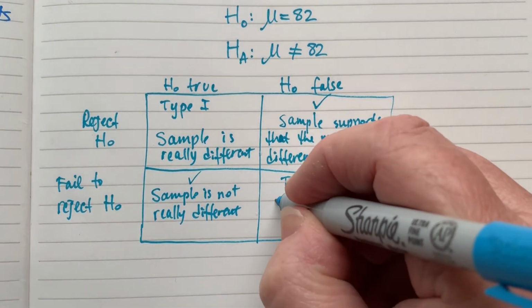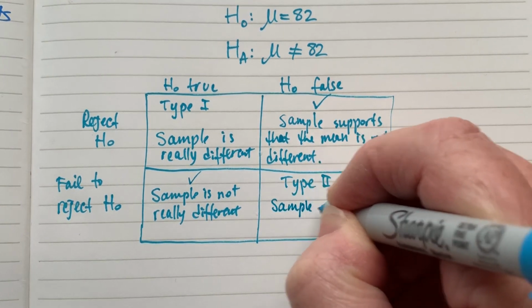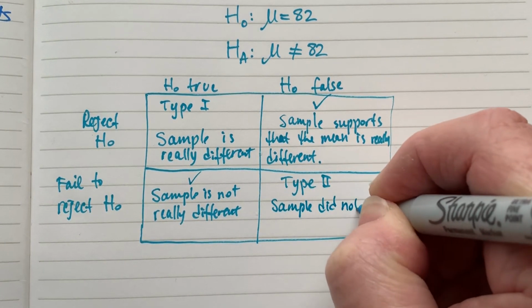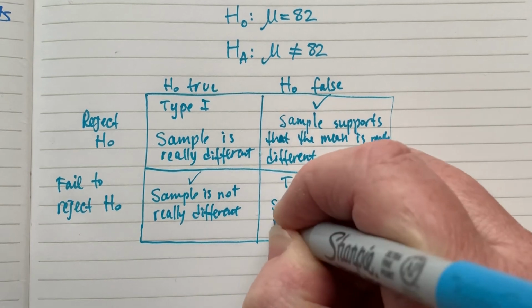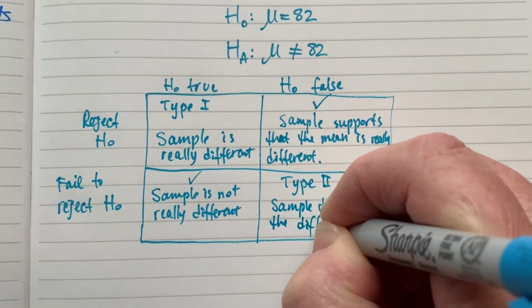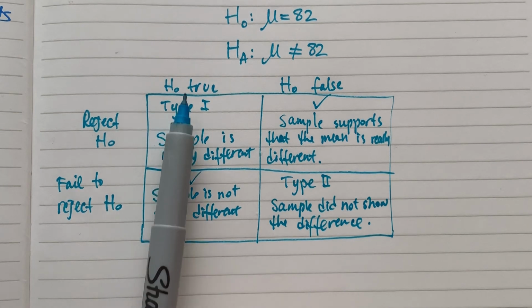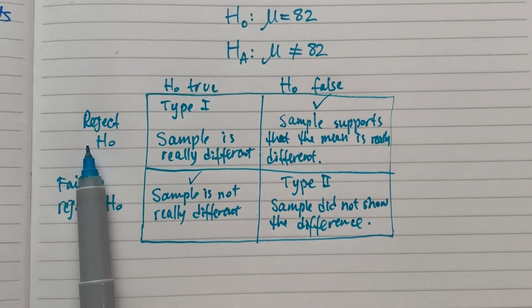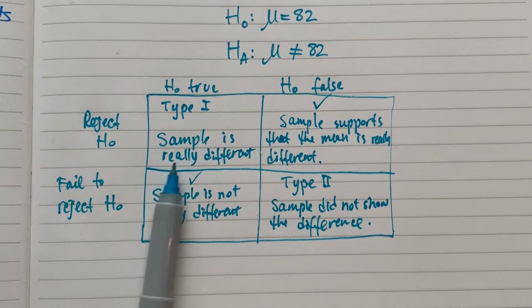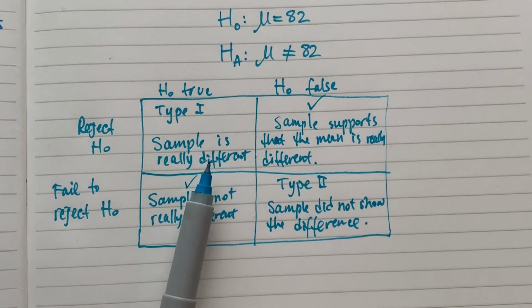So the sample did not show the difference, and this is my wasted opportunity. This is the type 2 error. The type 1 error is when my null was true and I rejected it. The sample appeared to be different, but it wasn't really different, and I rejected my true null.